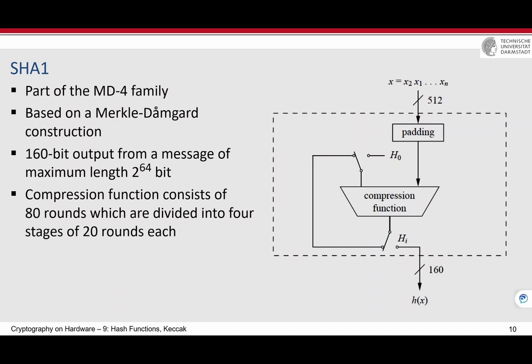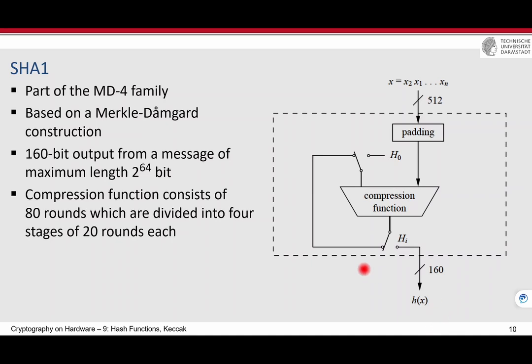Suppose the message is smaller than the block size, so it is padded and goes to the compression function. In the first round, when you give the first block of the message, H0, which is usually a constant value, either all zeros or something else, is given here, and then it continues like this, rotates, and finally for the last block it generates a 160-bit digest.